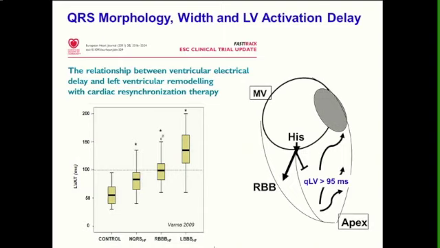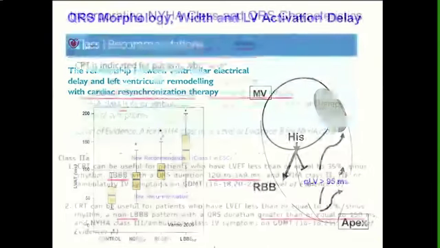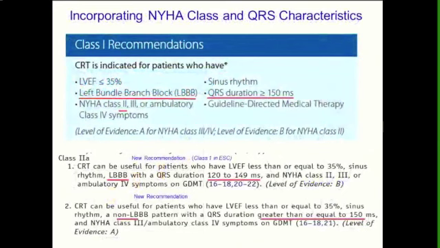So you have a 50% chance of having a positive benefit when you have a right bundle branch block pattern with a wider QRS of more than 150 milliseconds. So this is the interaction between QRS morphology and duration, and some of this has not been explored. But the updated indications account for this.